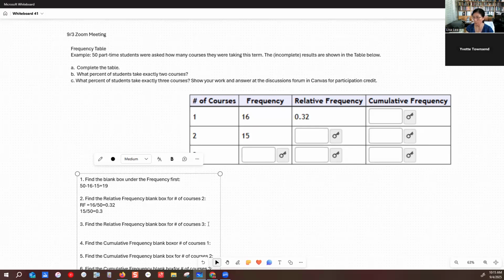So 1, 2, 3, the third blank box, we are looking for the relative frequency for students who were taking number of courses 3. So we have 19. We got it earlier. Divide by 50, and that confirms 0.38, right? And you can always double check with your calculator, okay? So the third blank should be 0.38.